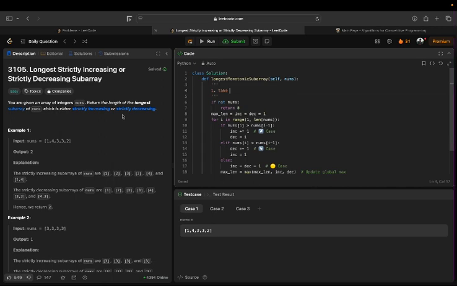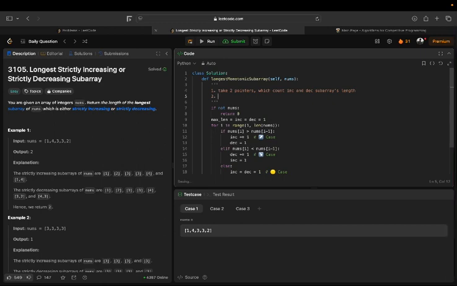Take two pointers, which count the increasing and decreasing subarray's length. Second, maintain a max length to return. So this is all we have to do.